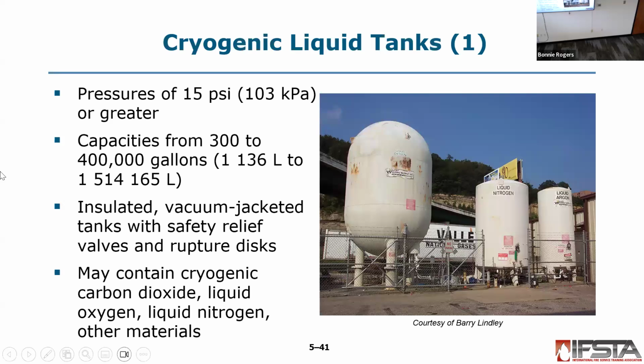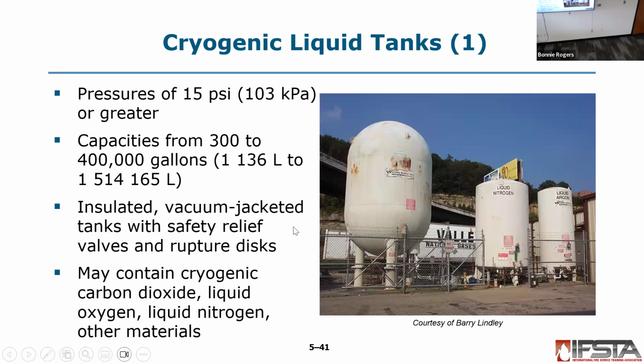They have cryogenic liquid tanks. They will also have 15 PSI or greater. Some of these hold quite a bit, 300 to almost 500,000 gallons. They're built the same way: insulated, vacuum jacketed, with safety relief valves and rupture discs.